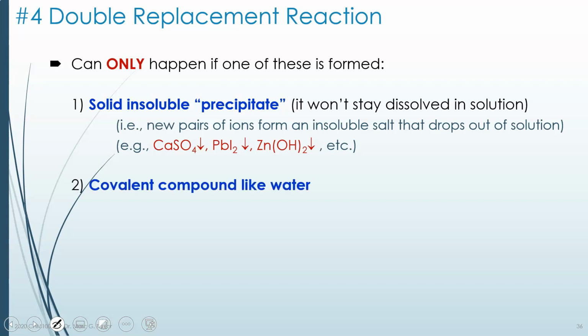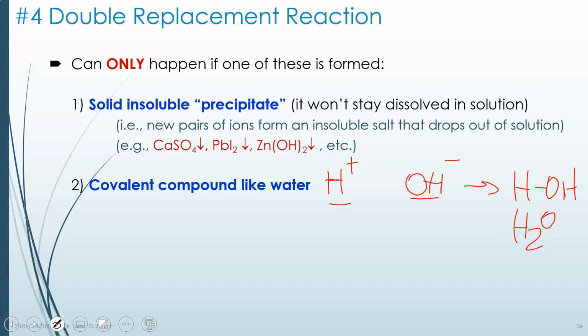Another big tip-off is sometimes, as I just showed you in the last example, the H plus from one molecule, usually from an acid, will react with the OH minus of a second molecule, usually a base, and then these 2 will find each other to form HOH, which is just another way of saying H2O.